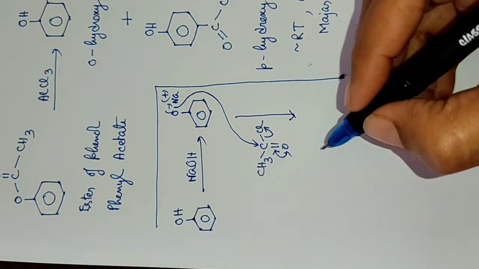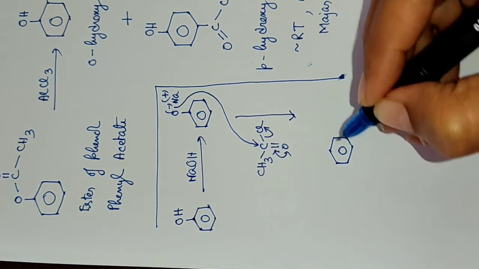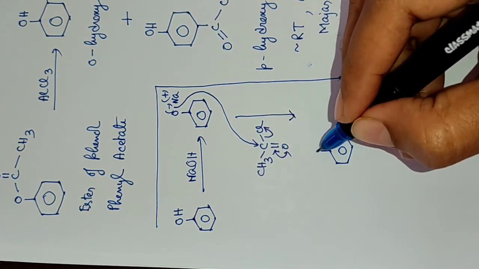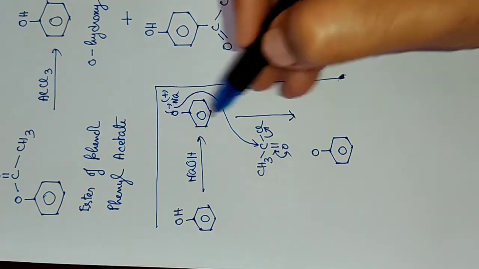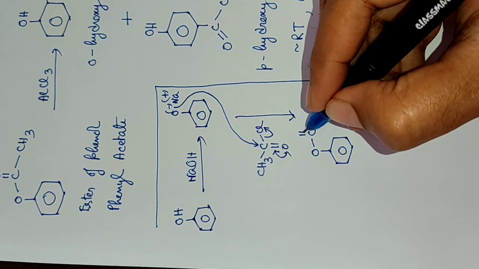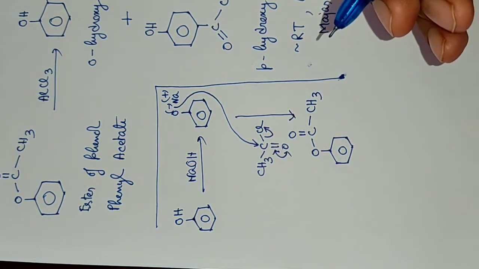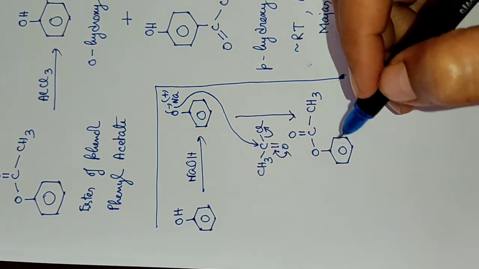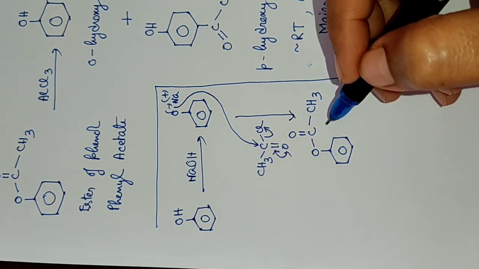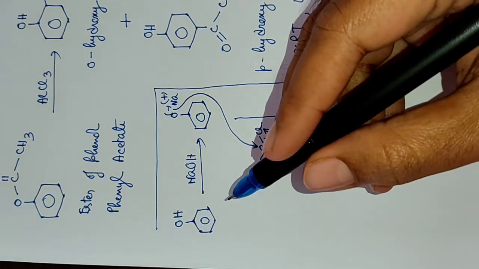So here it is O, then it is connected to carbon and it is the acyl group, so it will be OCOCH3. In this way, we can derive phenyl acetate or phenyl ethanoate, that is the phenolic ester, from phenol.